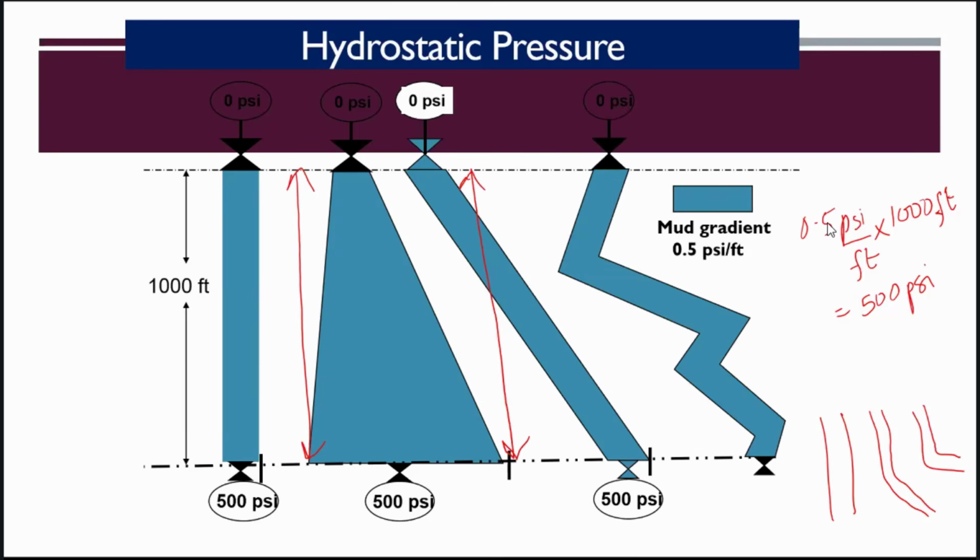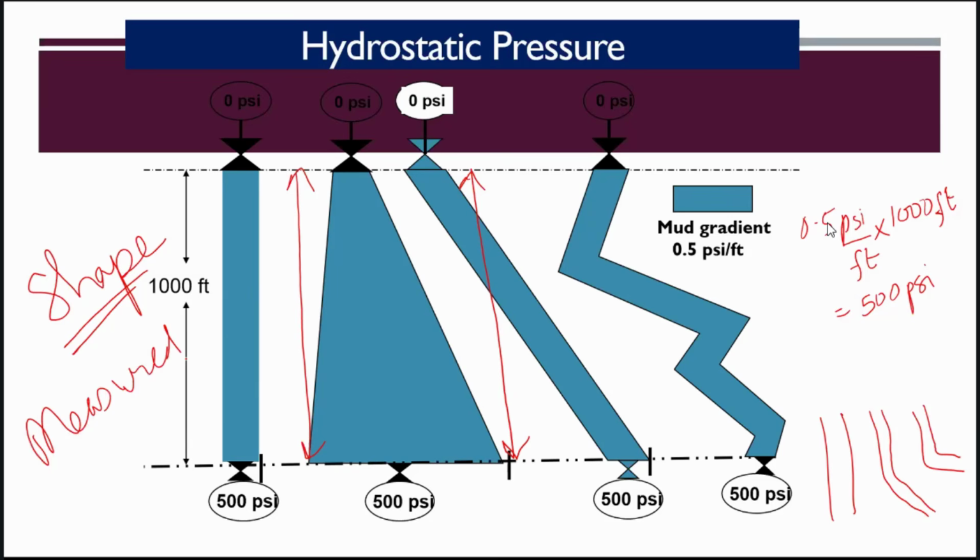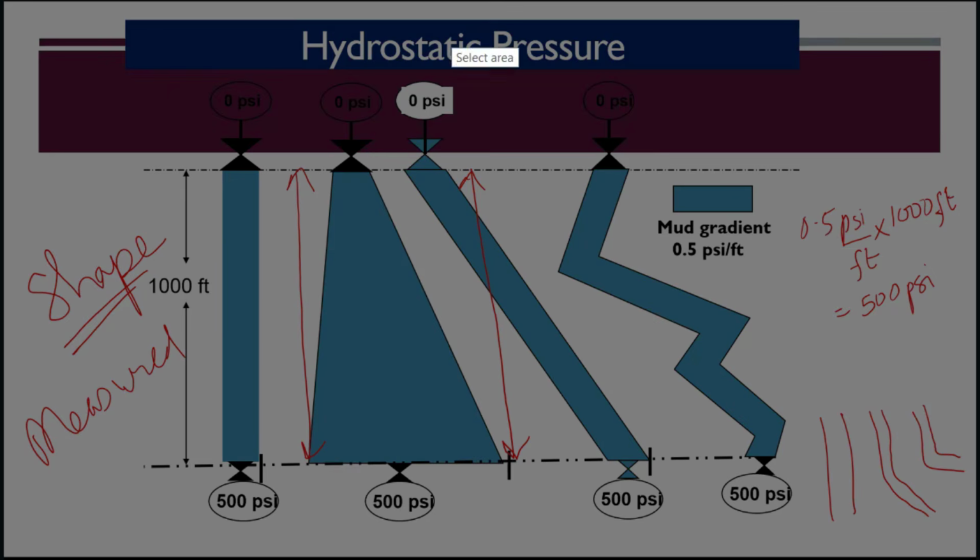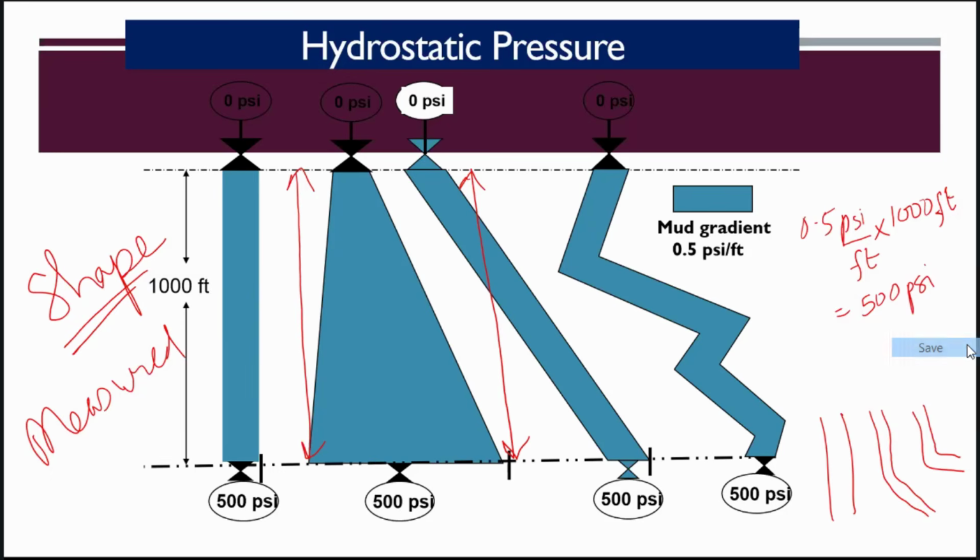If the well is of this shape, or any container of this shape, the hydrostatic head of that column is still 500 psi. It means hydrostatic pressure does not depend upon the shape of the well, or upon the measured depth of the well. It only depends upon the true vertical depth, the straight depth.